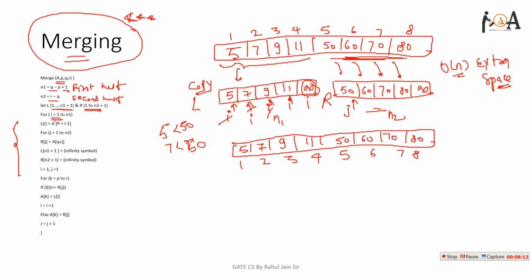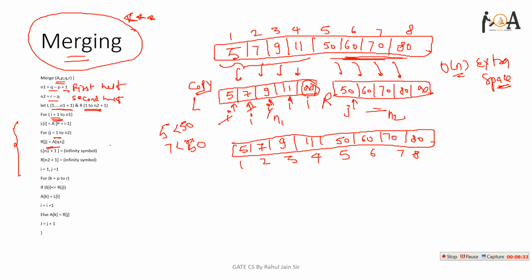For i equals 1 to n1, in the first array I need to traverse. I have copied all the elements into this first array, and for j equals 1 to n2 I have put all the elements of the remaining array.